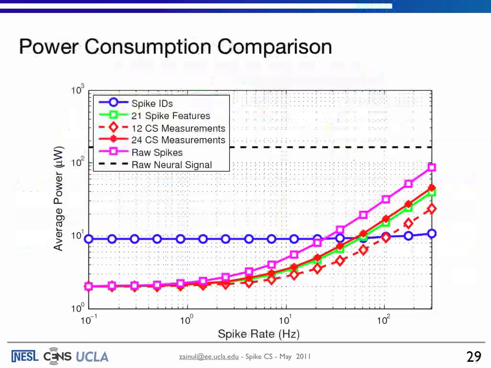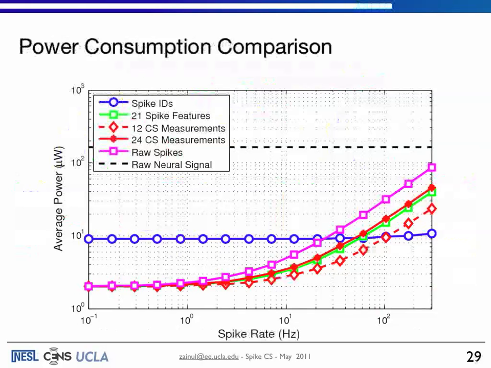In terms of power, we can talk about how much power this took, and this is a comparison of the amount of power it would take for the raw signal to be sent out, and the x-axis is the spike rate. Since we are encoding, detecting, and aligning spikes, the spike rate matters.